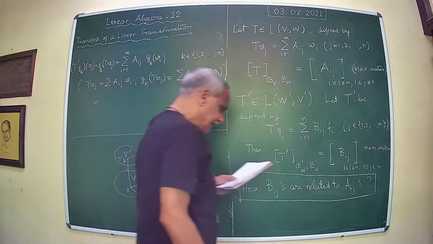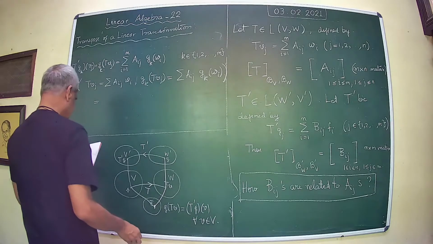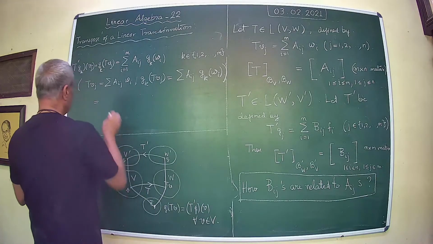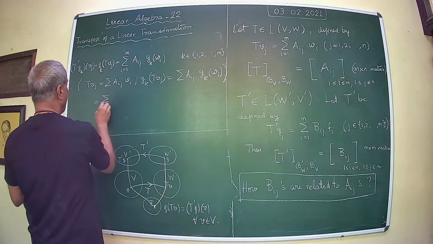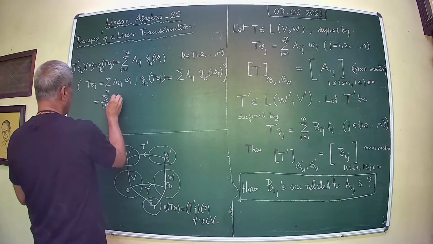What is GK of Wi? GK of Wi is equal to sigma I equal to 1 to m Aij.